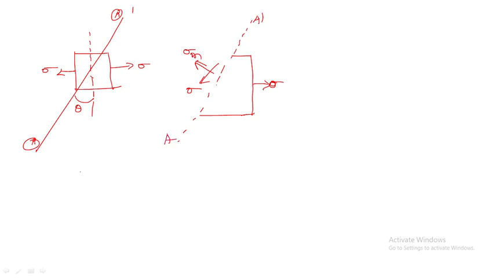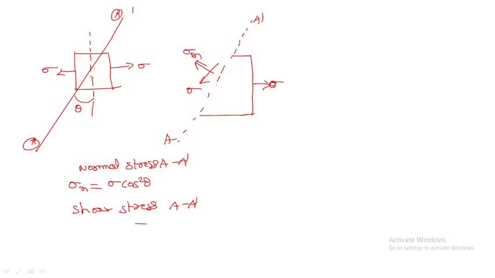Now how can we solve this? We know the normal stress according to a, that we can write, is equal to 2 cos square theta. This is the normal stress. Now the shear stress formula, according to a dash, is 2 sine theta cos theta.